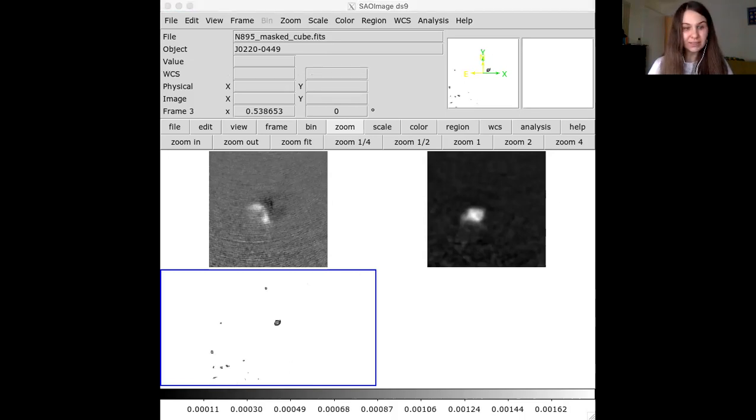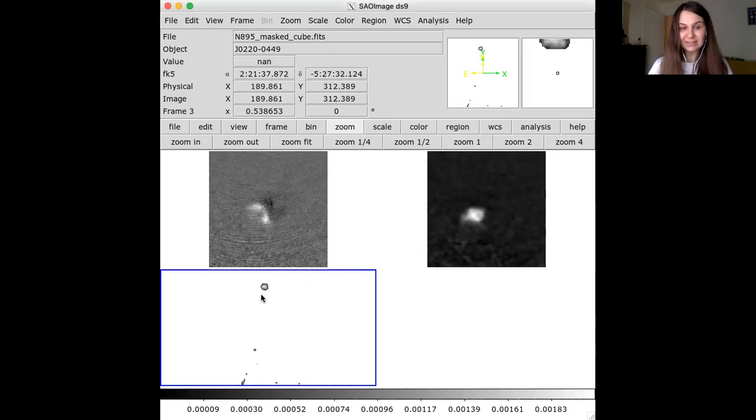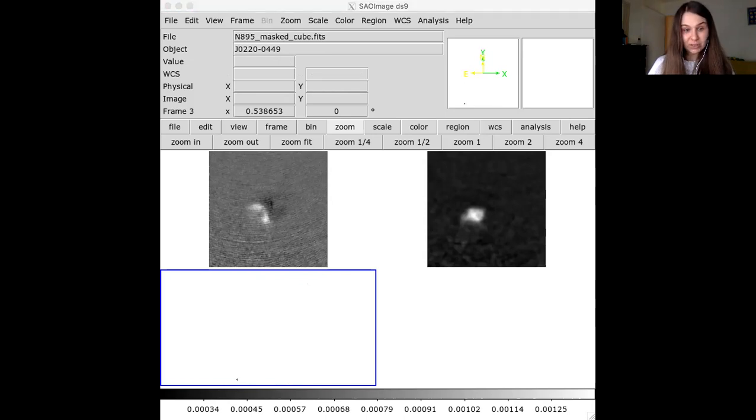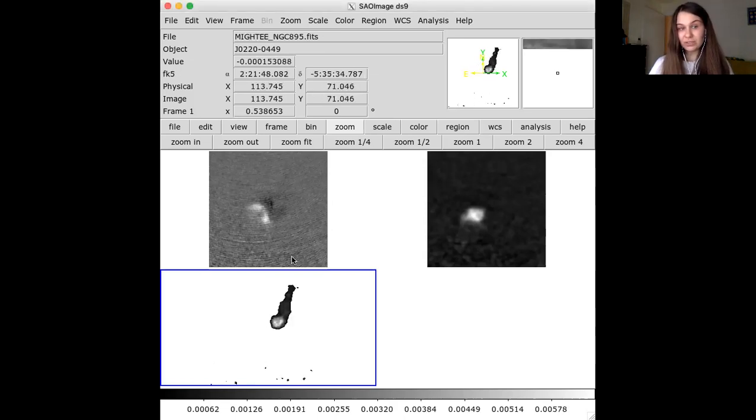And here we end up, and here you even see the little companion, which is also above 3 sigma, which made it into the mask, meaning that this little blob up here is a real galaxy, a real source. And we end up with a cube which has only HI emission in it and doesn't have all this noise.